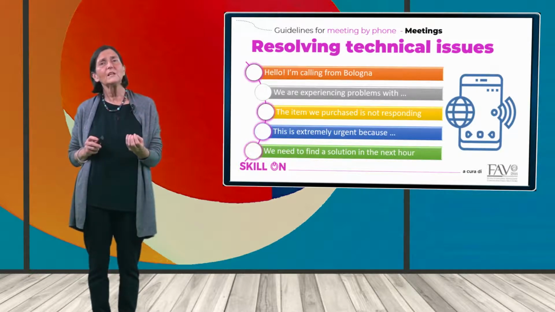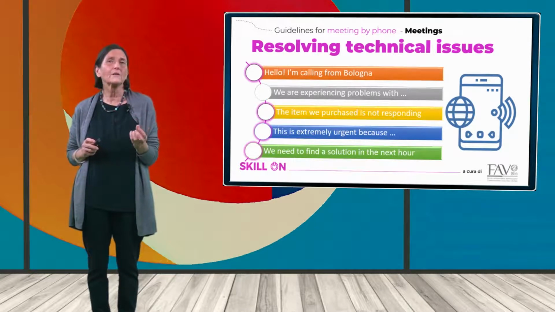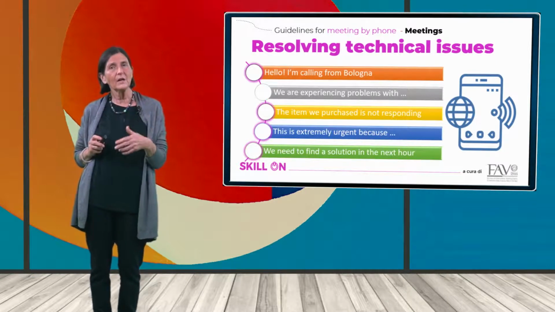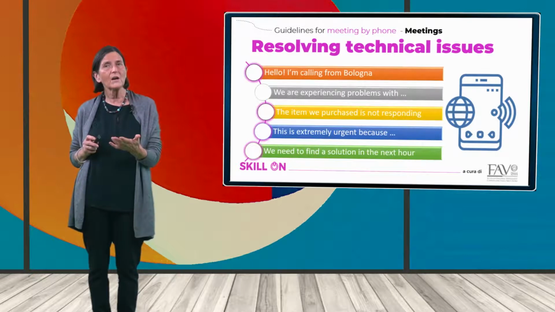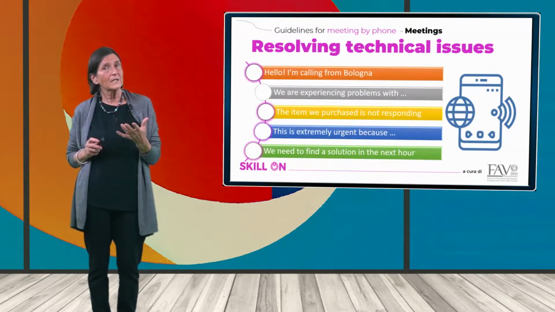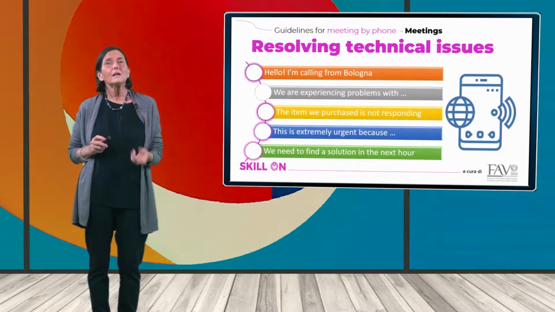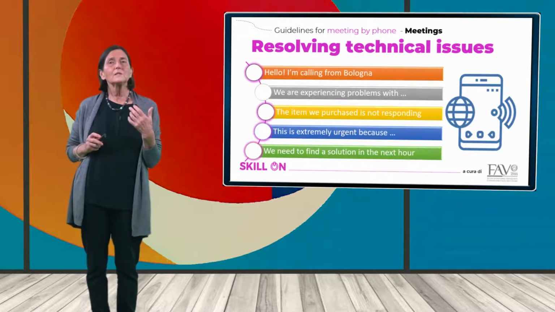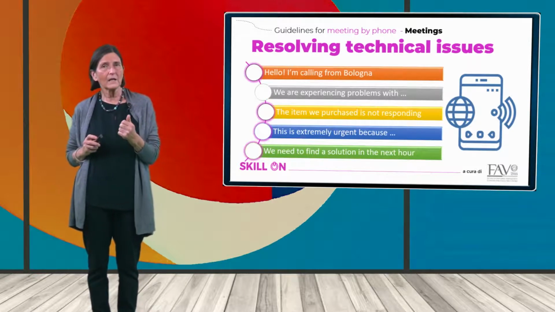We are experiencing, or you can put it together, we're experiencing problems with, and then you'd specify the system, the device, the hardware, the software, whatever it is. Then the item we purchased is not responding as it should, or it's not working correctly.